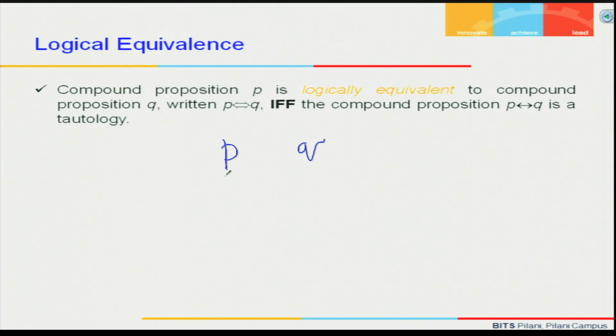Similarly Q. P and Q are defined as logically equivalent if and only if the compound statement P if and only if Q is a tautology. Then I say P and Q are logically equivalent.